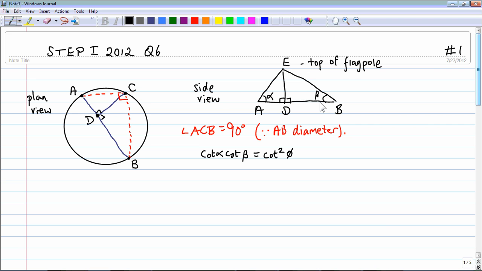Let's make a third diagram, D, E, and C, and that would be phi. Those are the angles of elevation, meaning the angle from the horizontal to the line to E. So we're required to prove this.